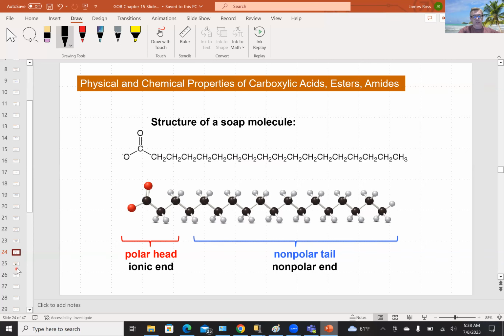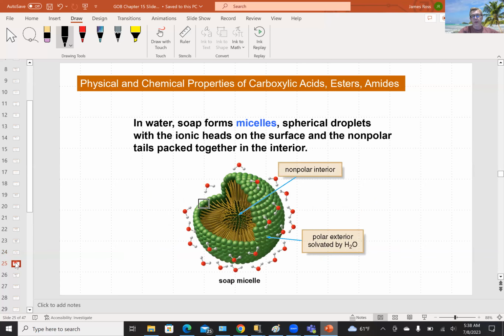In solution, these structures self-assemble into what's called micelles. So you can see here one of these structures that if you look closely, you've got a green sphere. That's the polar head of the soap molecule. You've got this long brown chain. It almost looks like a matchstick. The long brown chain is the greasy non-polar tail.